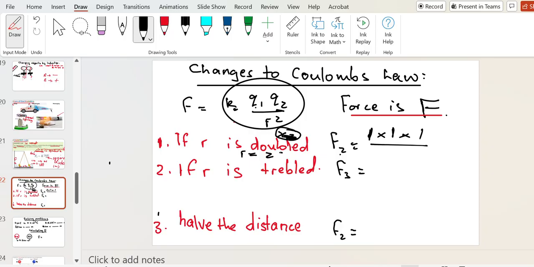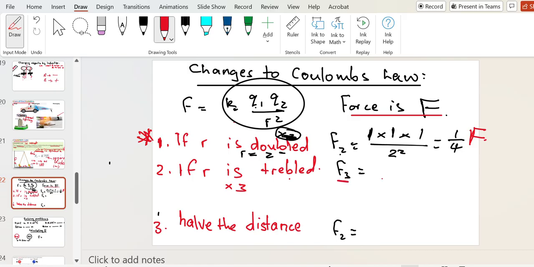Yes, I doubled. So I will say divided by 2, but the 2 is squared. 1 times 1 is 1, divided by 2 squared, which is 4. So the new force is 1 over 4 F. Know this. This one is coming, I tell you. If R is trebled, it means times 3.